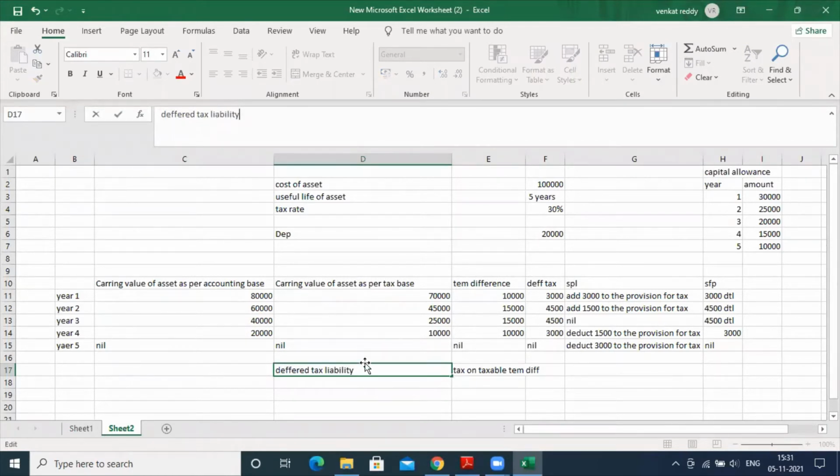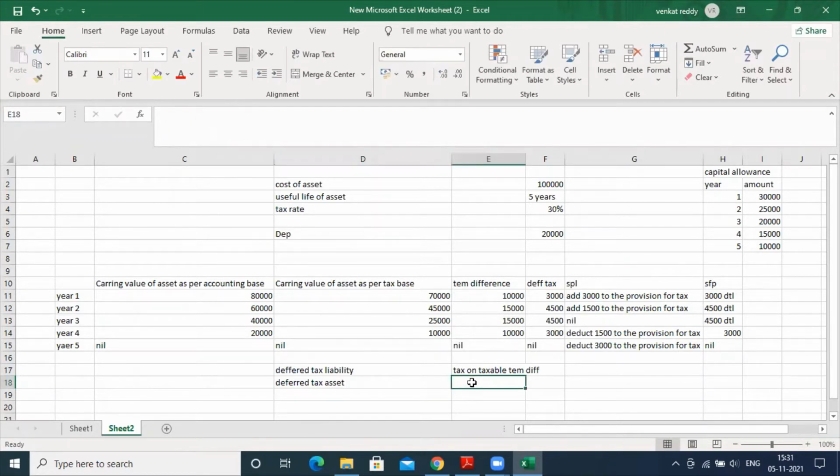And when it comes to the deferred tax asset, deferred tax asset will be charged on deductible temporary difference. Now, here you should understand this. So, deferred tax liability means tax on taxable temporary difference, and deferred tax asset means tax on deductible temporary difference.